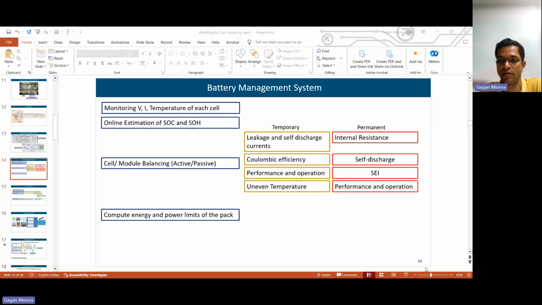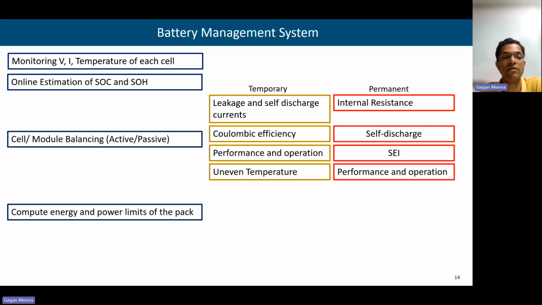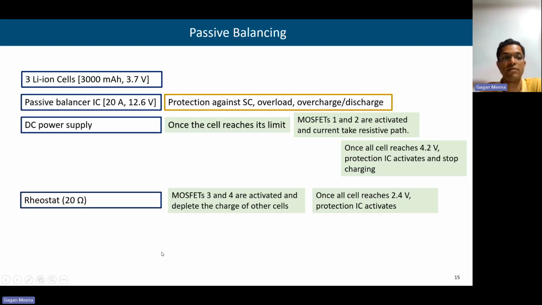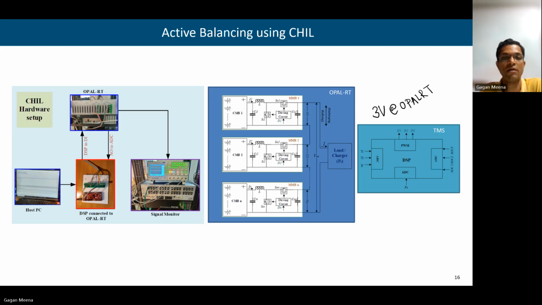Okay, so we're doing cell and module balancing with active and passive. Once all these things are done, we need to compute the energy and power limits of the pack. About balancing using CHIL, we will go into detail later, but here I will say what is being done.